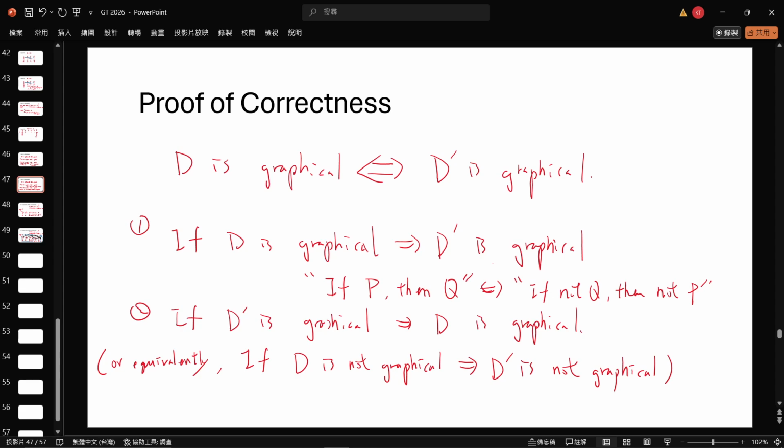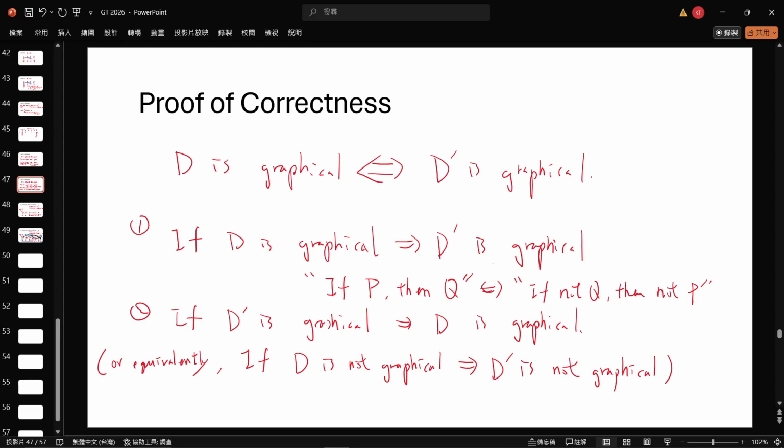Because if we create a graph, this means we say that the original degree sequence is graphical, okay? But this graph is not correct, in the sense that it cannot realize the degree sequence. This must imply that this is wrong, okay?